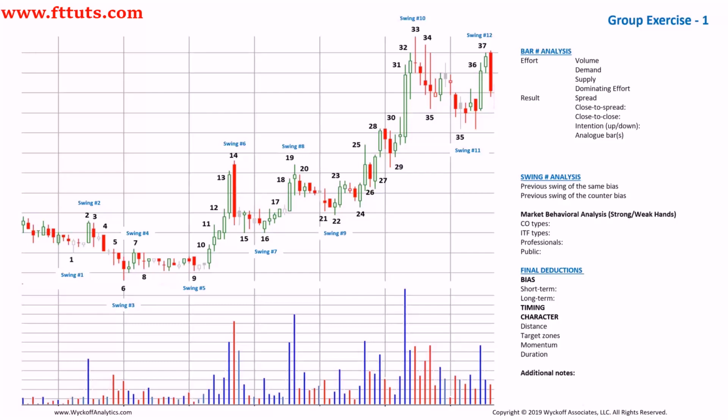On a reaction such as 25 and 26, compared to 28 to the following low, could we conclude a similar result, but actually greater volume, since the volume of the two bars is greater than the single bar? So we are looking at maybe this against what? Against this. So the volume signature diminishes, and I'm not taking this bar into account, although I probably should because some supply is coming in here.